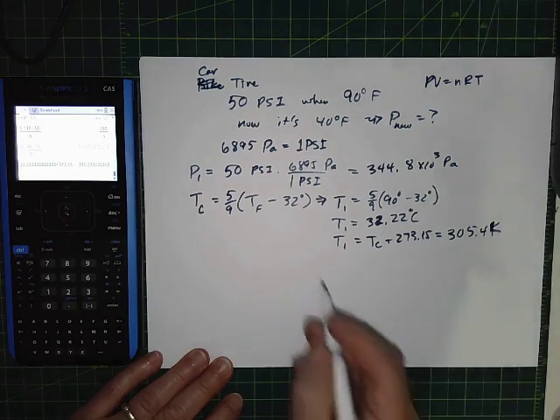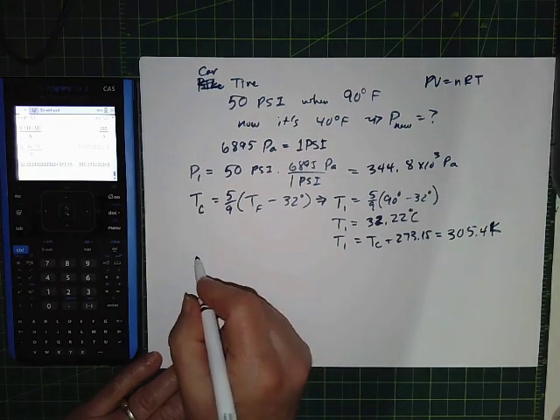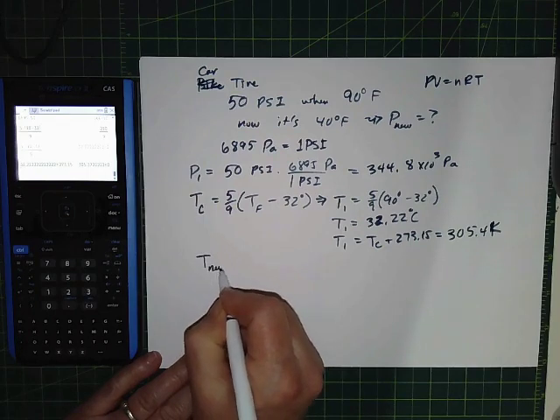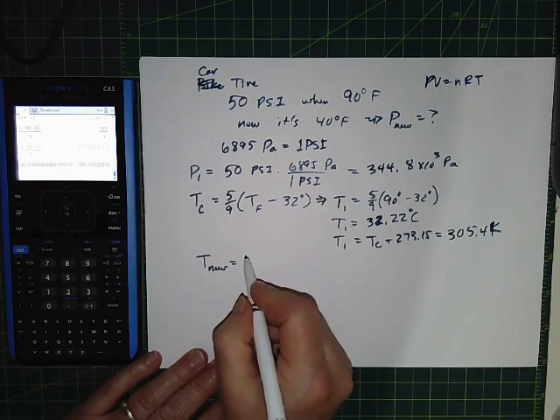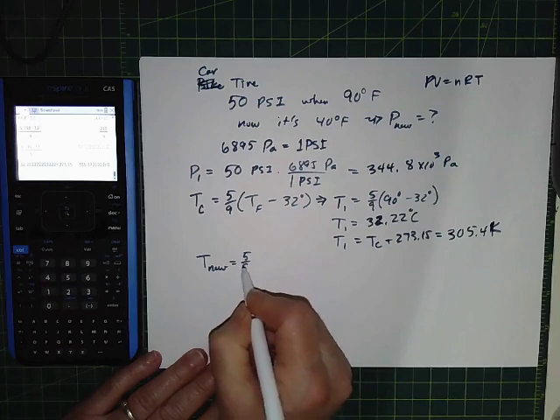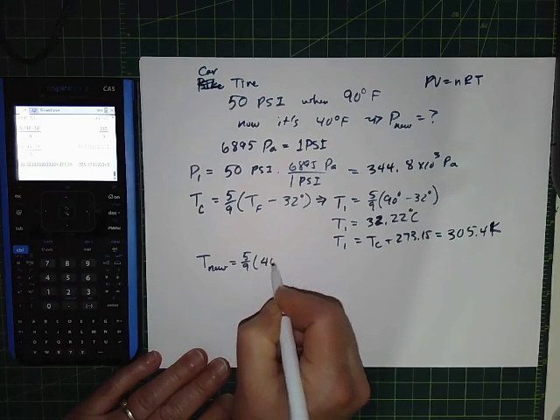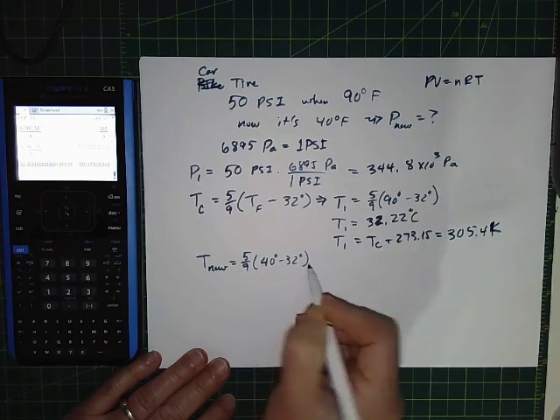Let's just go ahead and do the second temperature. T new is again needs to be converted from Fahrenheit to Celsius first, and that was 40 degrees minus 32 degrees.